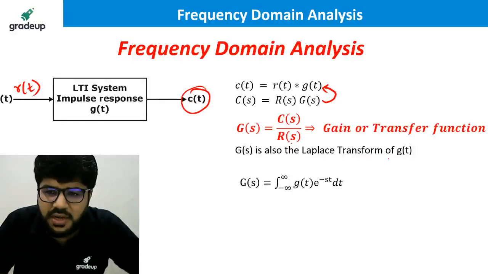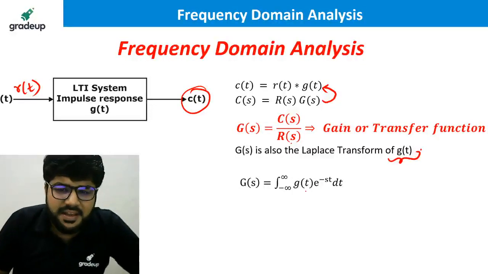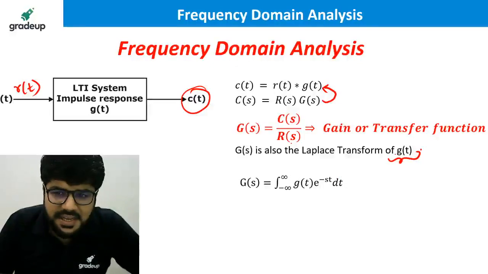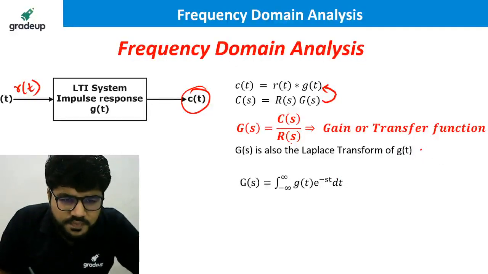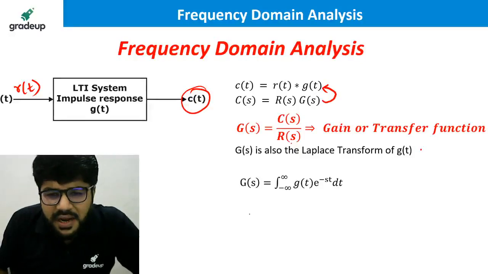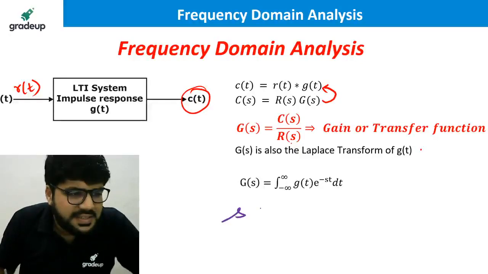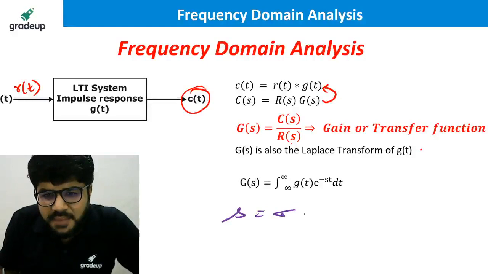So G(s) is also known as the Laplace transform of g(t), that is, the integral of g(t) e power minus st dt. Now s is a complex variable given by sigma plus j omega.